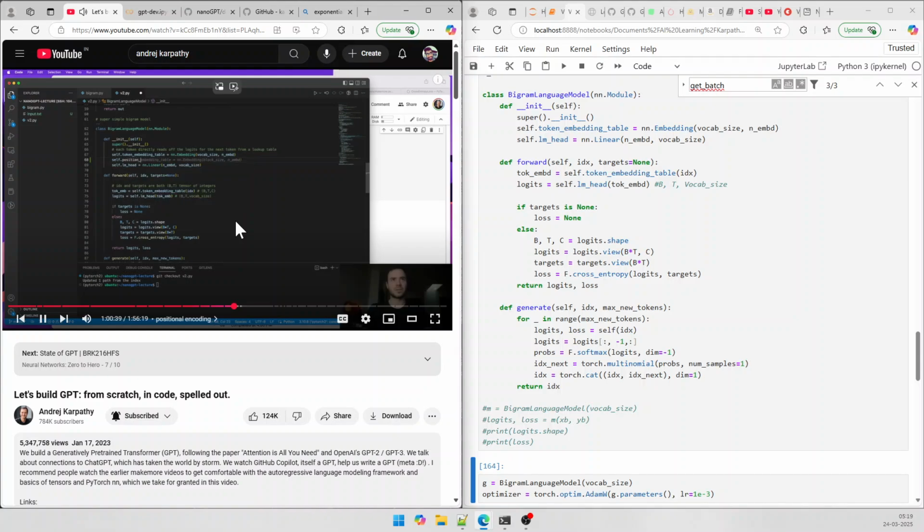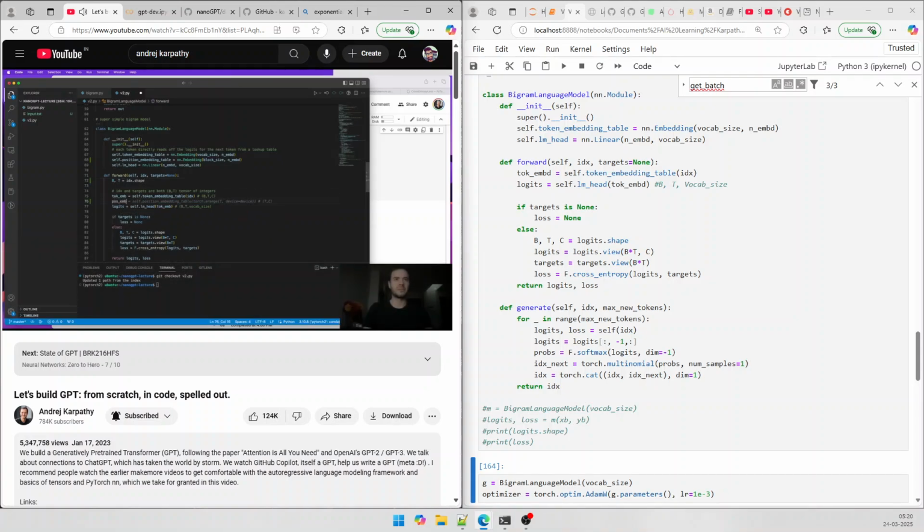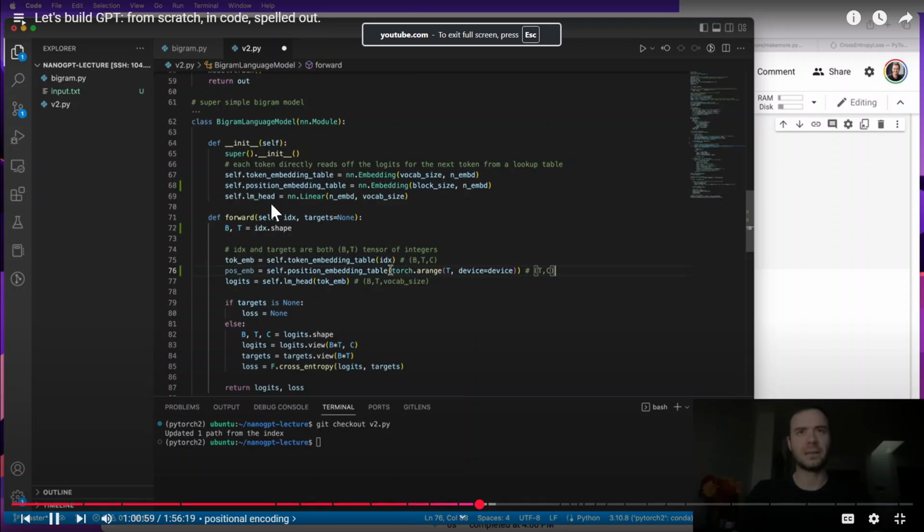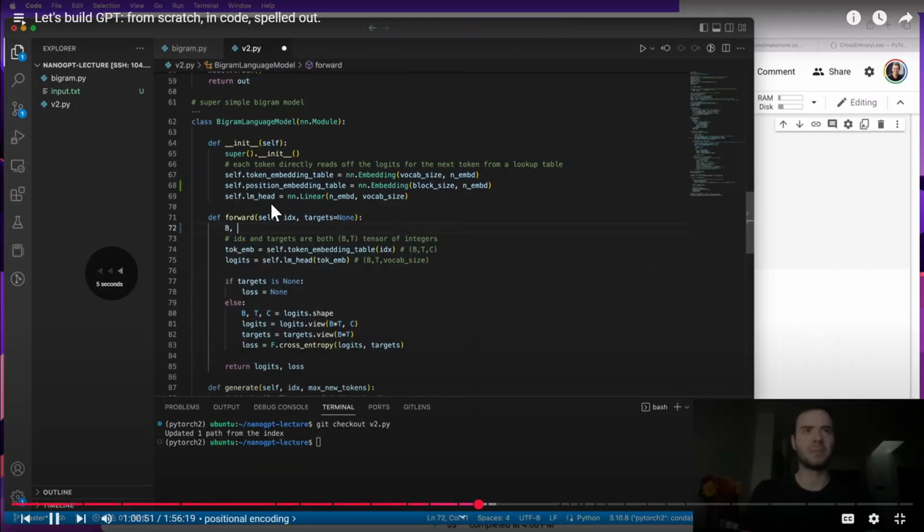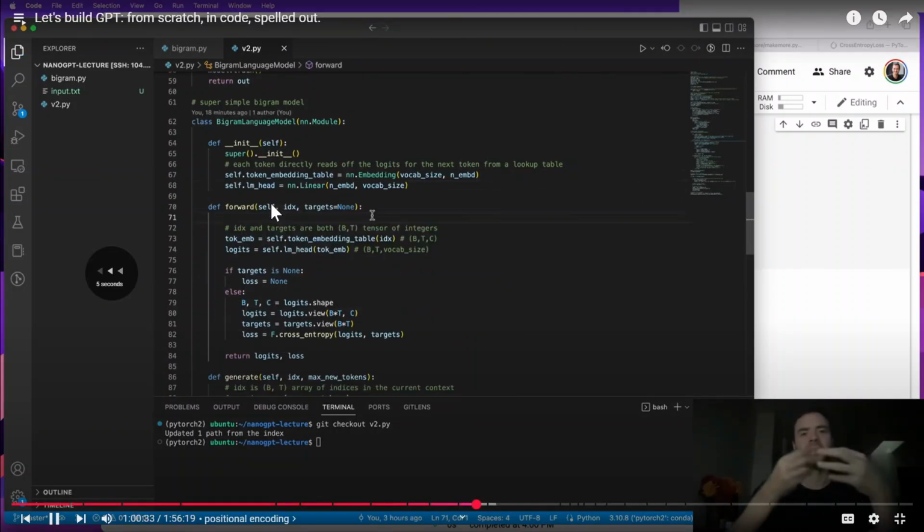So self.position_embedding_table is an embedding of block_size by nembed. And so each position from 0 to block_size minus 1 will also get its own embedding vector. And then here, first let me decode B by T from idx.shape. And then here we're also going to have a pos_emb, which is the positional embedding, and this is PyTorch arange.